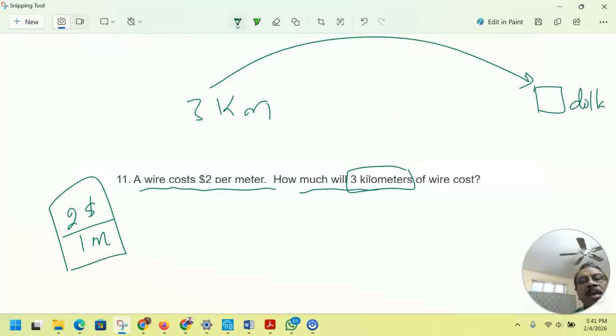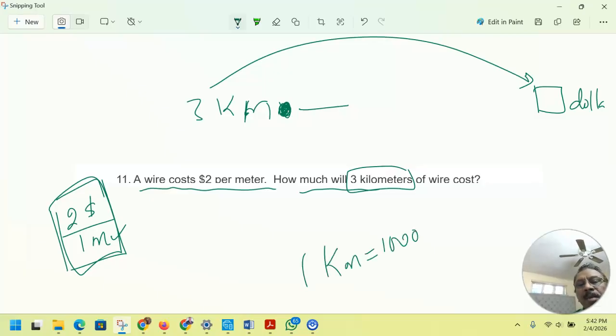So you start with 3 kilometers, and first we'll try to convert this, because this rate is given to you per 1 meter, right? So this kilometer, let's first convert, because 1 kilometer is 1,000 meters, right?